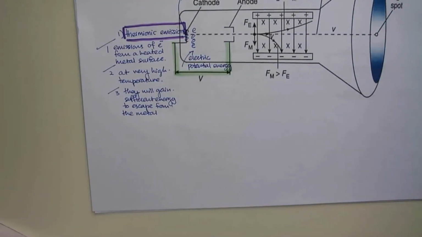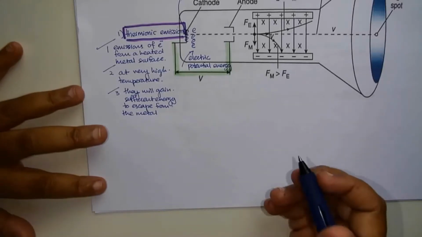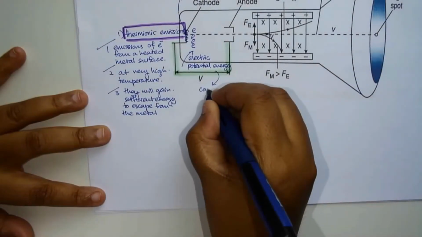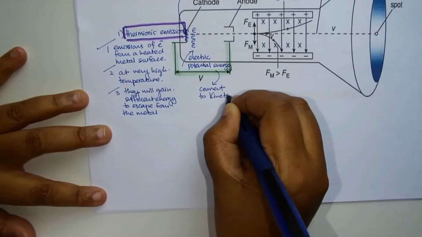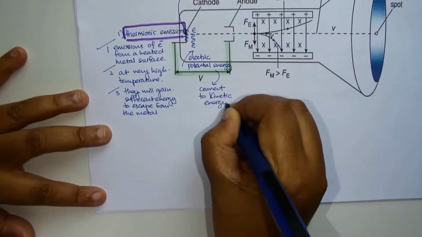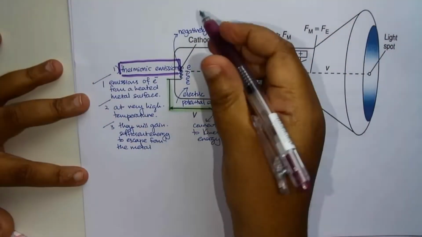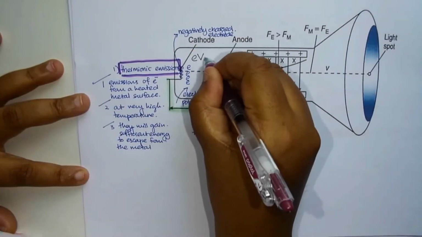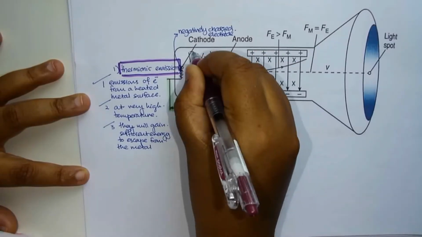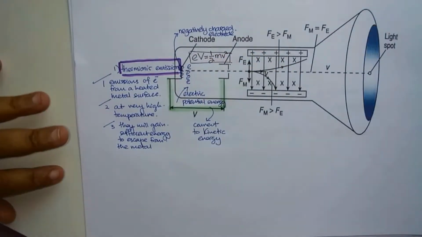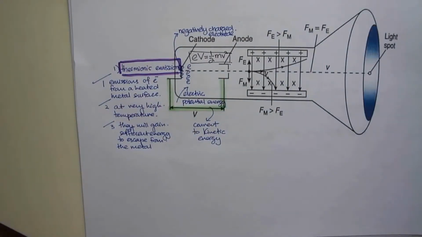The electron will absorb the electric potential energy and convert it to kinetic energy. So what happens here is that eV equals half mv squared.